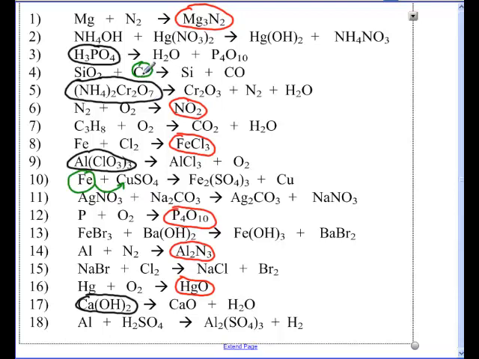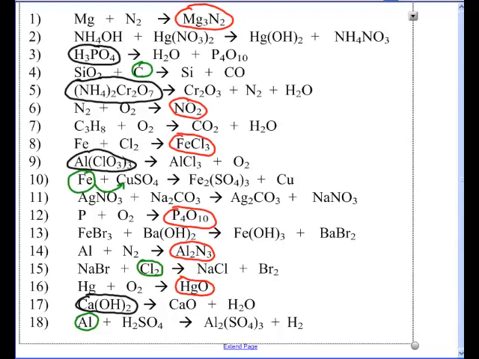So there is a single replacement where the carbon is replacing the oxygen. Let's look through the rest. Here's another one right here, and here's one right here. Again, the key is to find a reaction that has a reactant that is all by itself, a single element.